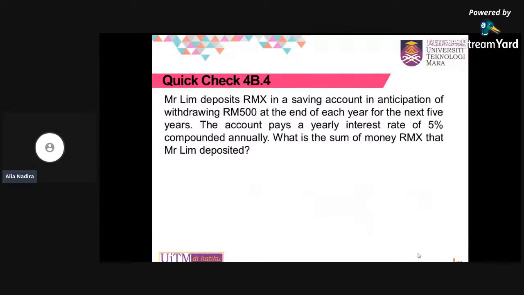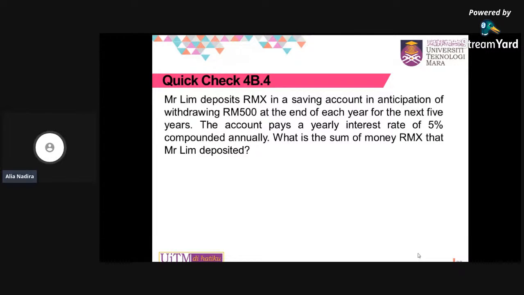Okay, quick check for B number 4. Okay, so here Mr. Lim deposit X. Okay, dia masuk one amount in order to withdraw RM500 at the end of year. So next 5 year, apa so what is the sum of money yang dia dah masuk sekarang?